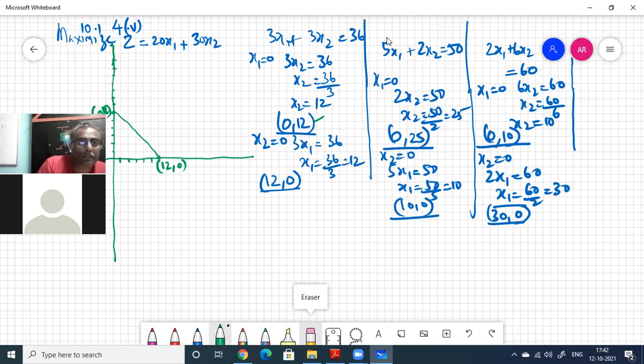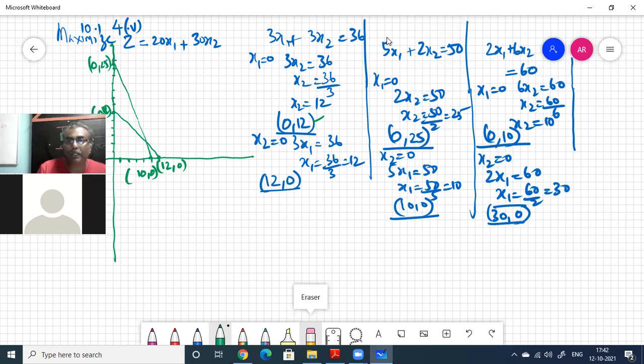This is 25. So 0, 25 is here. Then 10, 0. Okay. 2, 4, 6, 8, 10. This is 10, 0. So from there you have to dot 10, 0. Okay, 10, 0, we have already done.